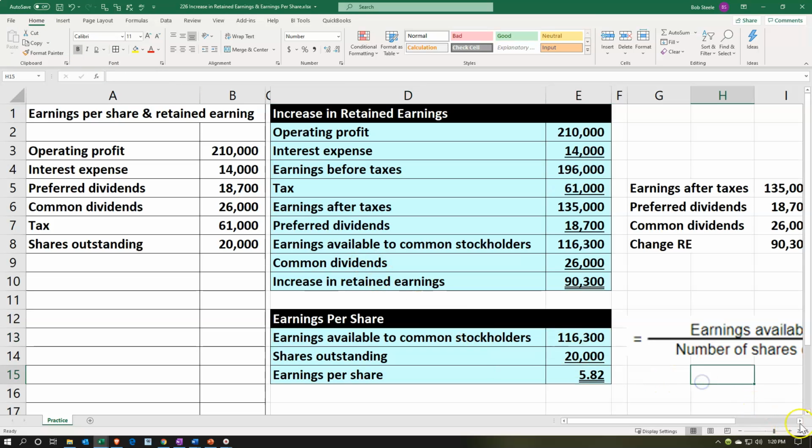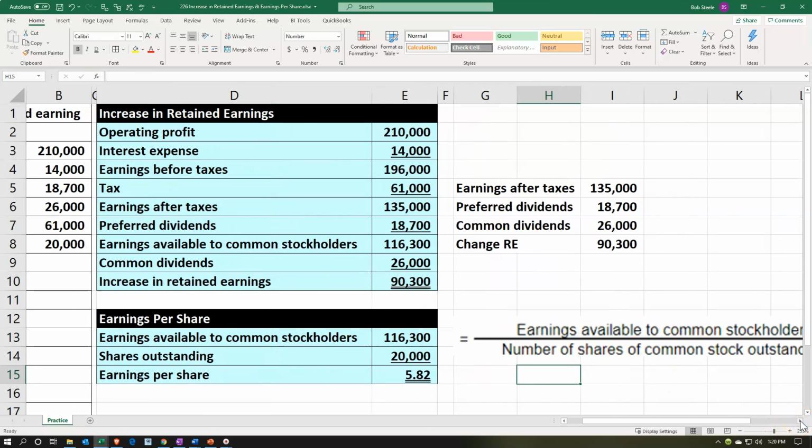So the normal calculation for the earnings per share is the earnings available to common stockholders divided by the number of shares. In other words, we had the earnings here, and you would ask how much would you get for earnings per share? Notice, per share.